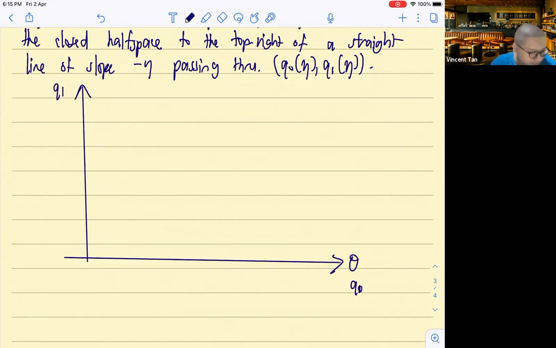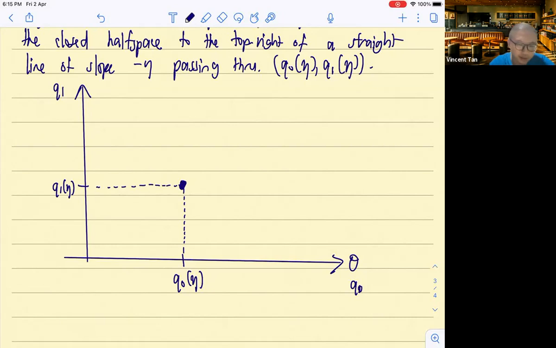Now, for a particular threshold test, we have a certain performance, which is given by Q0 of eta and Q1 of eta. We can achieve this particular point if I fix a pair of distributions. So if I fix a pair of distributions, then what I have is the following.